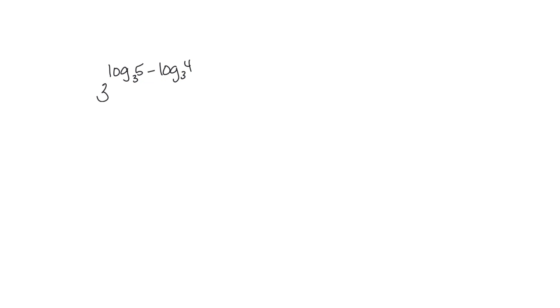So we're going to use our properties first to go ahead and realize that this logarithm and this logarithm, since they have the same base and the operation between them is subtraction, we can go ahead and condense them using property 6. So this becomes 3 to the log to the base 3 of 5/4. So the log of the difference becomes the log of the quotient.